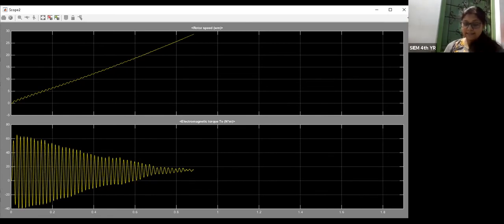So this way we can design the VSI fed induction motor drive.